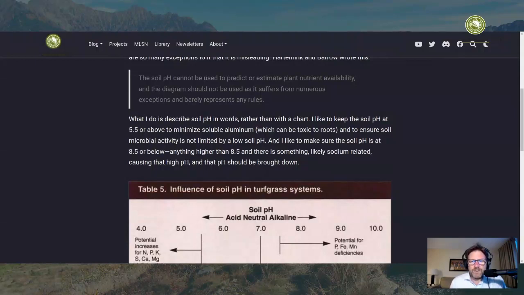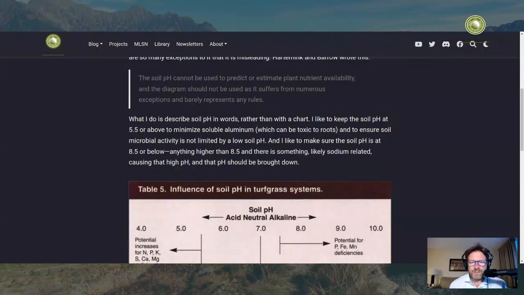When I'm talking about soil microbial activity, I'm talking about things like mineralization and breakdown of organic matter, decomposition of thatch, that sort of thing. So those are good things that could be suppressed if the soil pH is much less than 5.5.